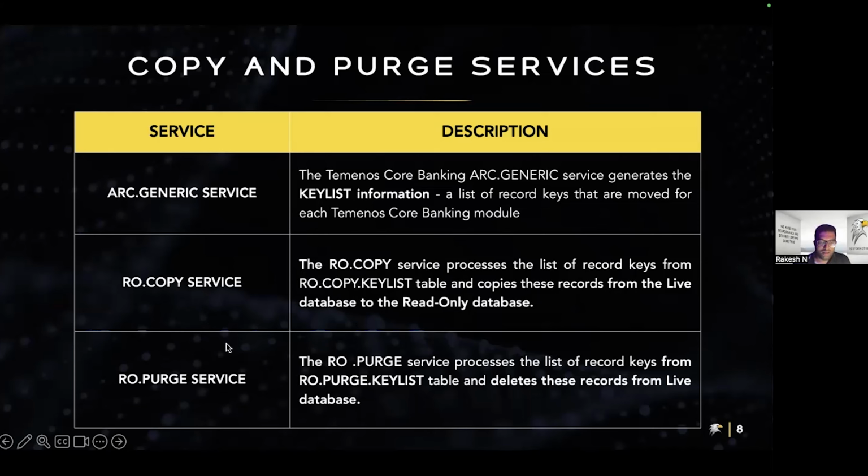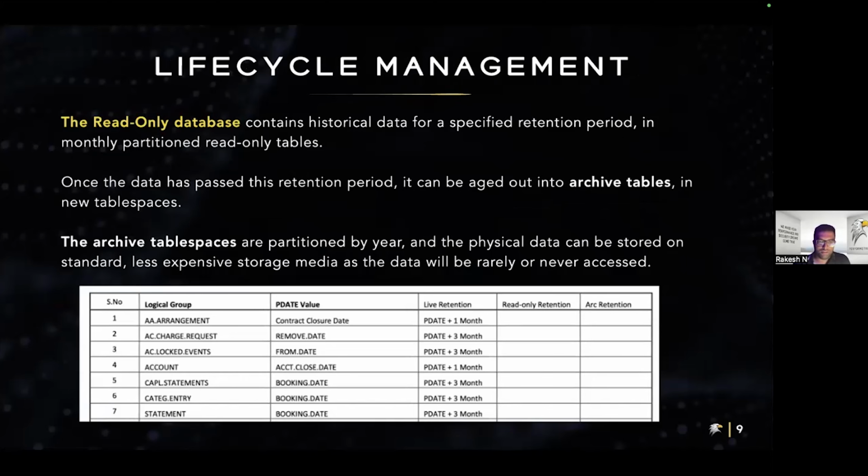So these are all interlinked processes. It will identify, this will copy, and after copying, the live data which is copied to RO will be deleted. The retained data will be as it is. So these three are the services which do that. We also have an archival service to move data to archival as well. We can use scripts for that too.